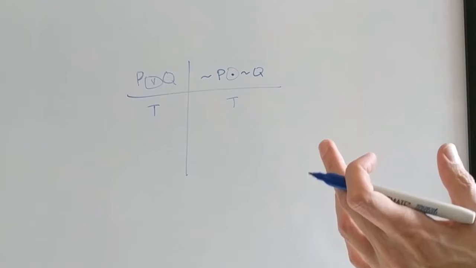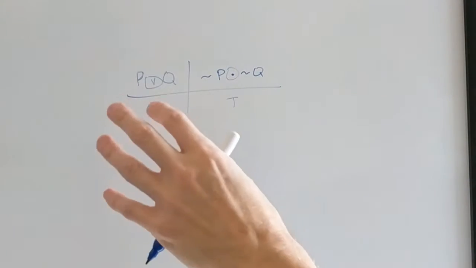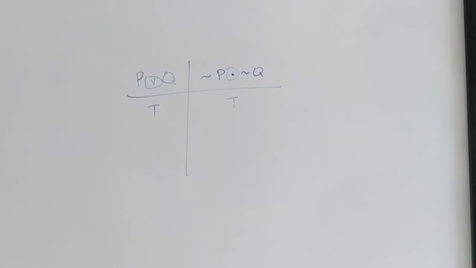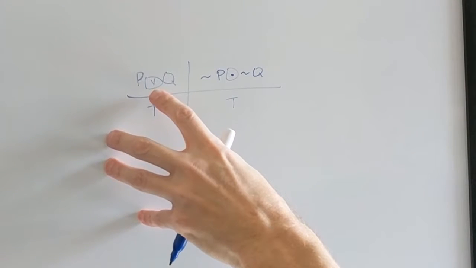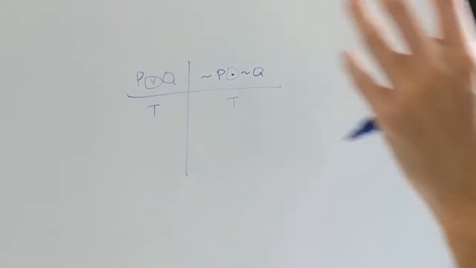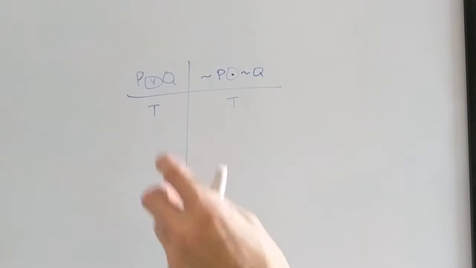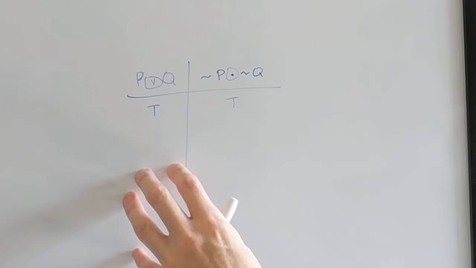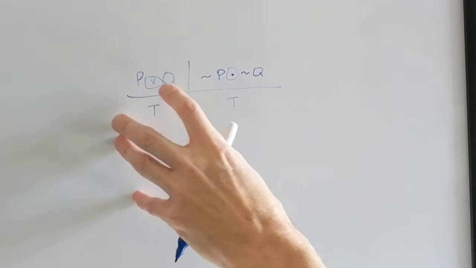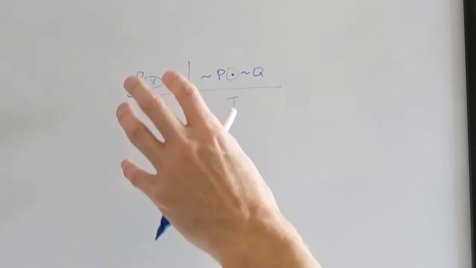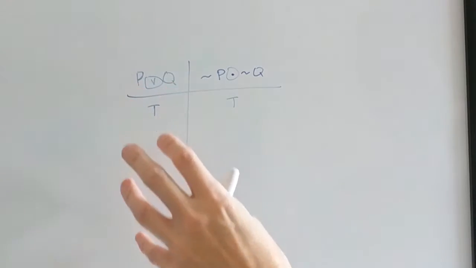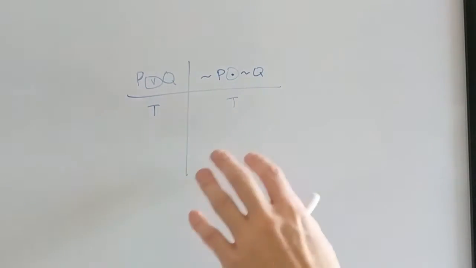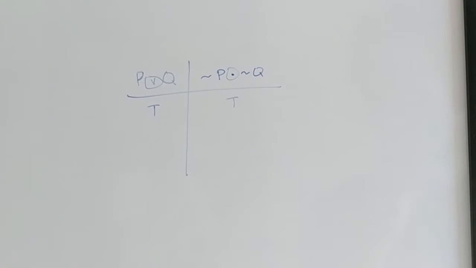So let's start with, well, we have two statements, P or Q, and then not P and not Q. Well, a disjunction has three possible ways to be true. And so if we were to start with this, we would have to go through each of the three possible ways that P or Q can be true, and then plug in the values for P and Q into here, and then look for the matching lines.